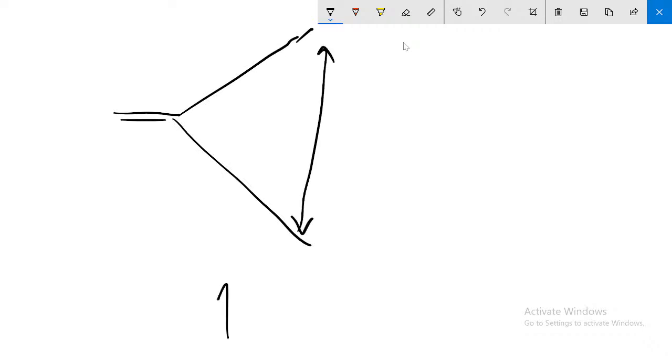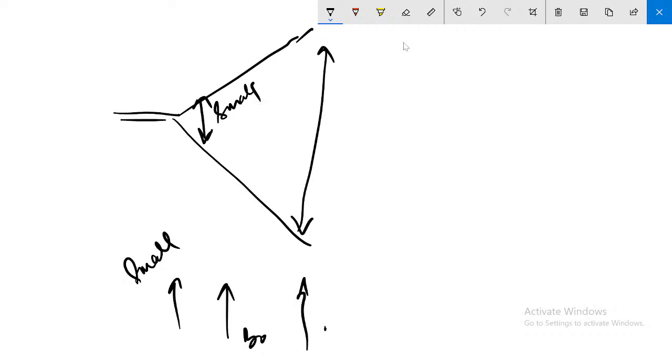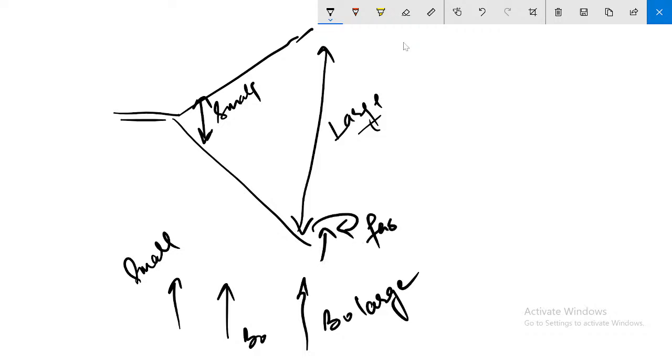Further, if this field is increased, then the gap will also increase. If the external magnetic field is small, then the gap between the two states will also be small, and if the external magnetic field is large, then the gap will also be large. So at this state the precession will be very fast, and at this state the precession will be slow.